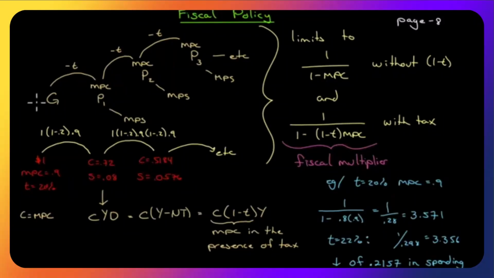So here is the government over here, and the government is going to spend some money, and here is person 1, person 2, person 3, and let's say it spends $1. What does person 1 get? Well, the government is going to charge tax. Person 1 has some money after tax and has a certain marginal propensity to consume and a certain marginal propensity to save.